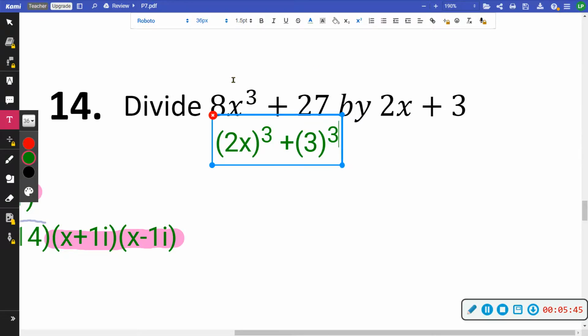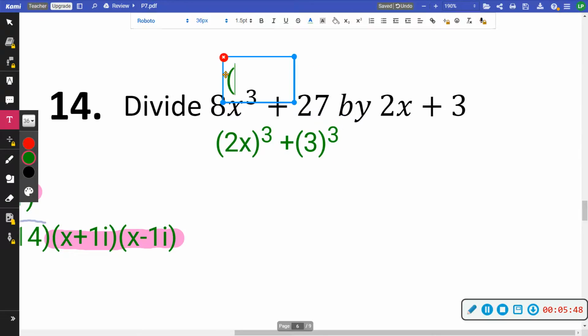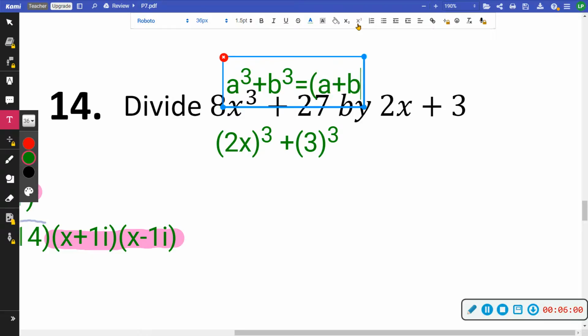So then we could use that formula that said that the factor a cubed plus b cubed, that's equal to a plus b times a squared minus ab plus b squared.